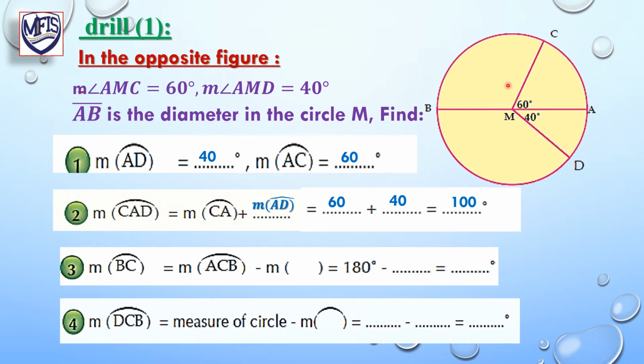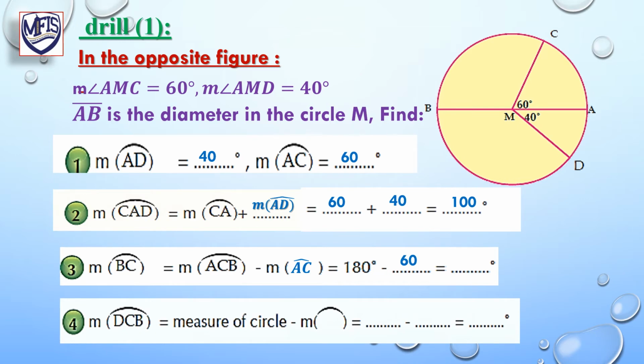Again, measure arc CB equals measure arc ACB, the half circle, minus measure arc AC. So equals 180 minus 60. Why 180? Because the measure of half circle equals 180 degrees. What about the circle? The measure of the circle equals 360.